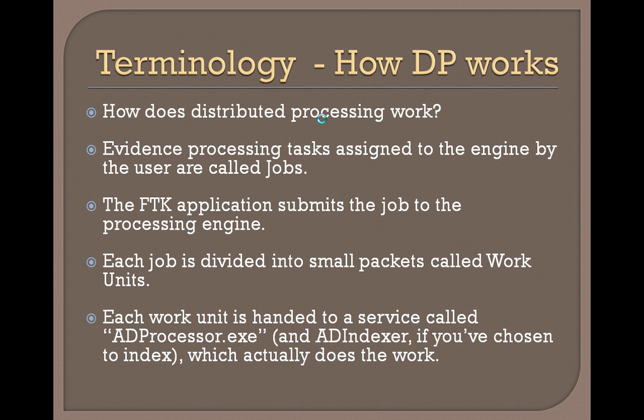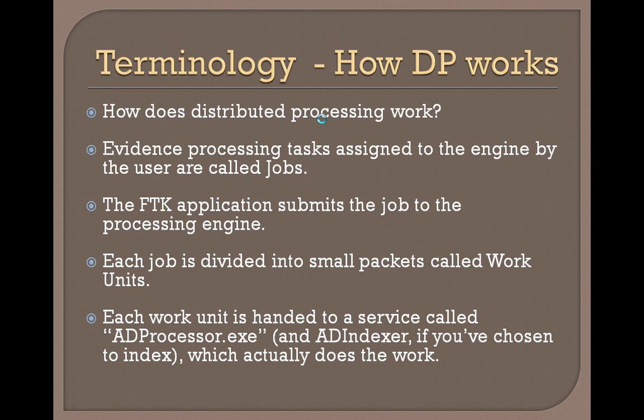Terminology, as far as how distributed processing works, each evidence processing task is assigned to an engine, and they're broken up into jobs. If you process a piece of evidence, an image file, it's going to look at that task as a bunch of different jobs. Each of those jobs is also going to be broken into what's called work units.